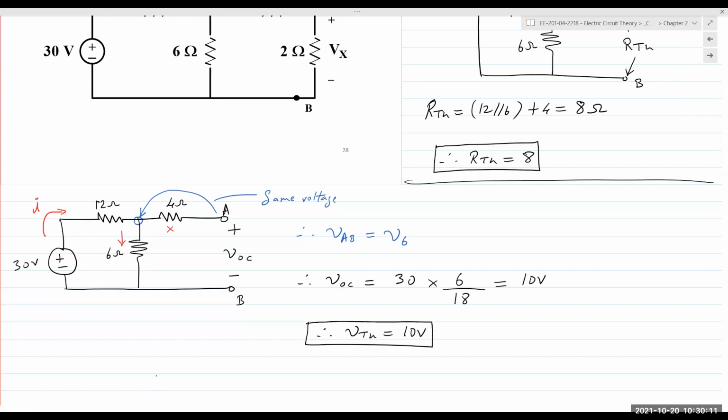You can use node voltage analysis, mesh current, superposition, KCL, KVL, Ohm's law, whatever tool you think is appropriate. It's the setup that's the most critical. If you perform the setup correctly, then the analysis is not something that's new, and here, of course, is just the application of fundamental concepts.